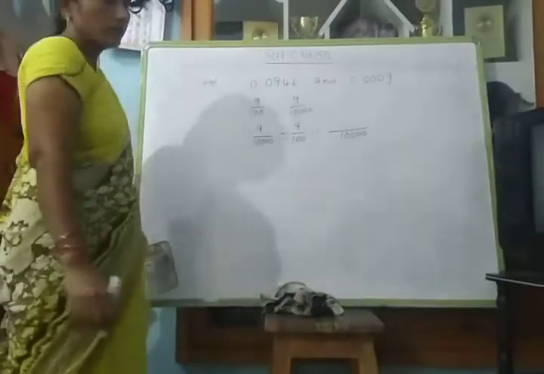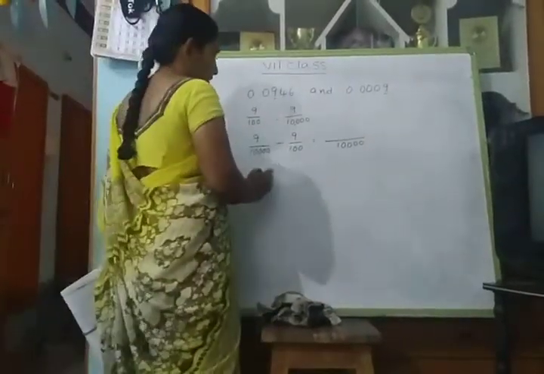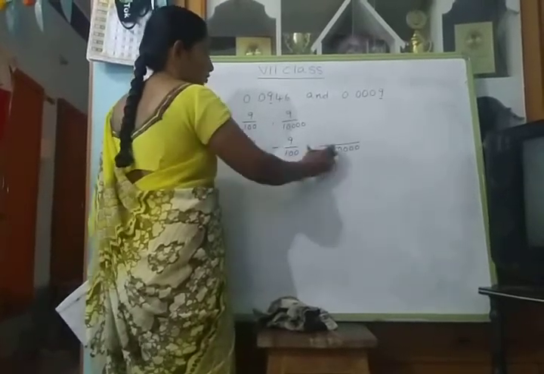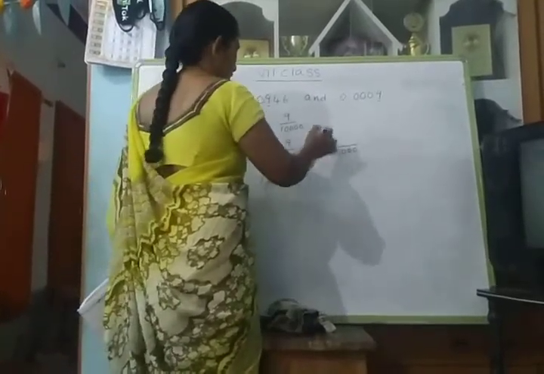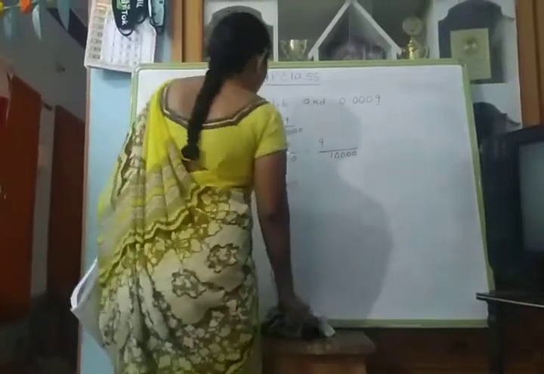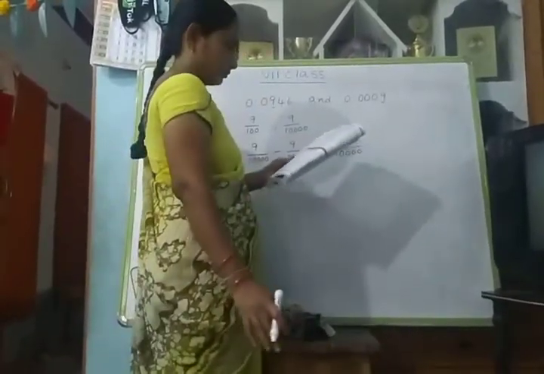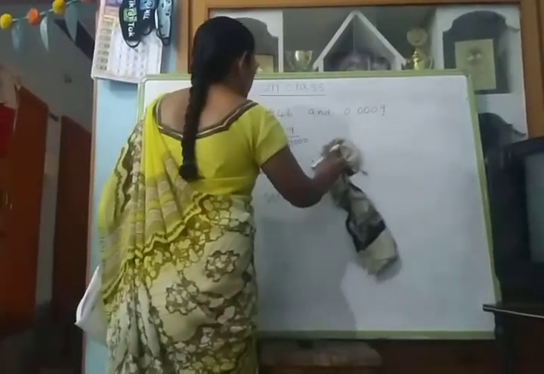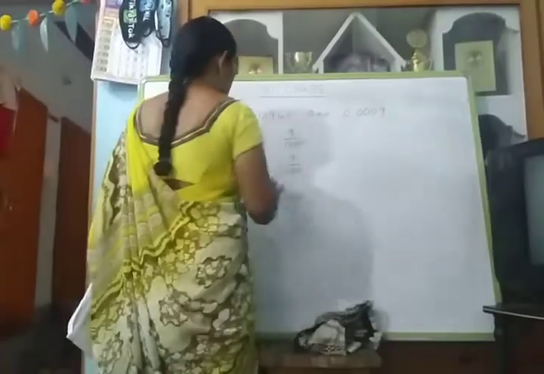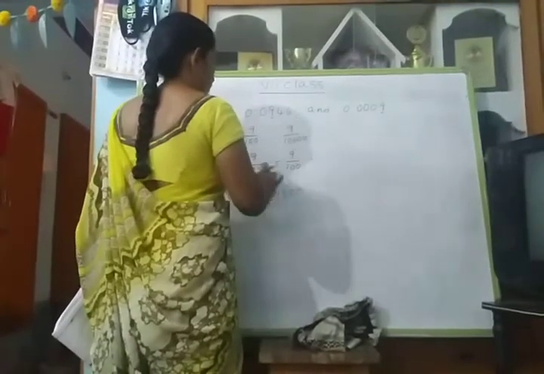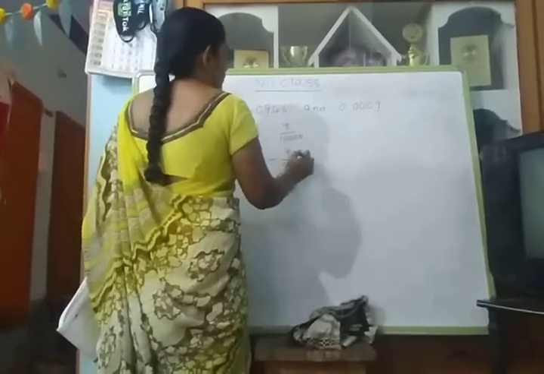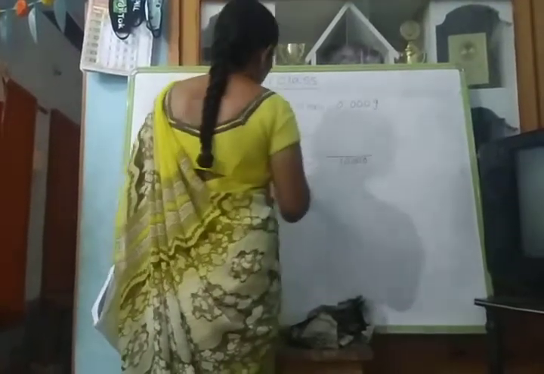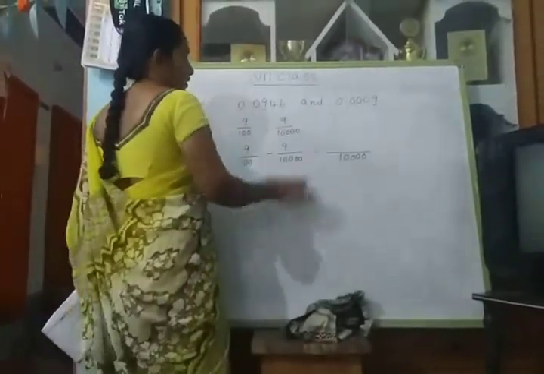LCM 10,000. 10,000 by 100 is how much? We will get 100. So here 10,000 ones are 10,000, and 9 we will get. LCM 10,000. Here 9 by 100 minus 9 by 10,000.